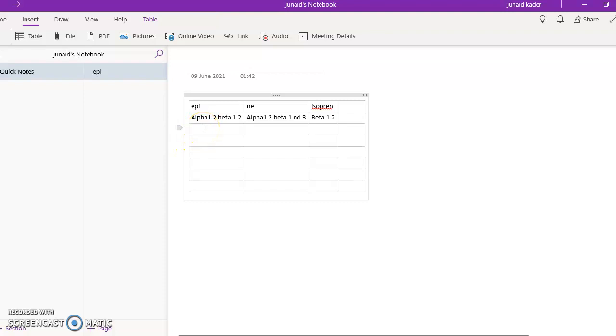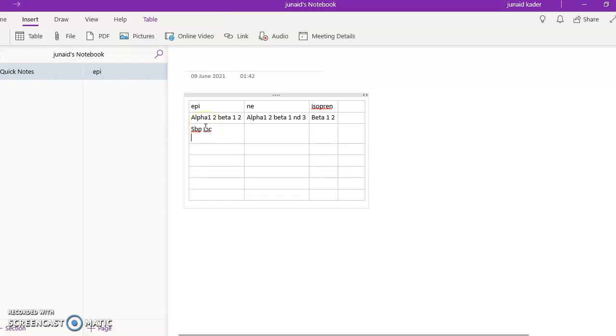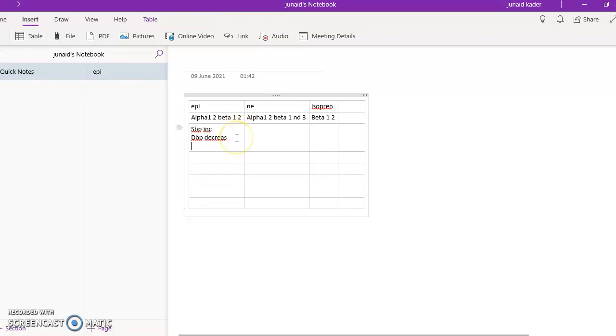So in this, diastolic BP and systolic BP both, in case of epinephrine, systolic BP increases and diastolic BP decreases because of beta 2 action. And overall, the mean arterial pressure will be a little above the normal.